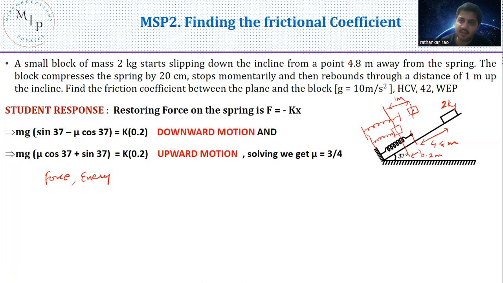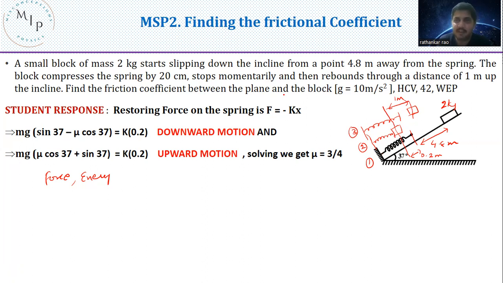I have drawn all three scenarios. The first scenario is where the block starts from. In the second scenario, the block comes and hits the spring and compresses it. In the third scenario, after rebound, the block is at this point. Find the frictional coefficient between the plane and the block.